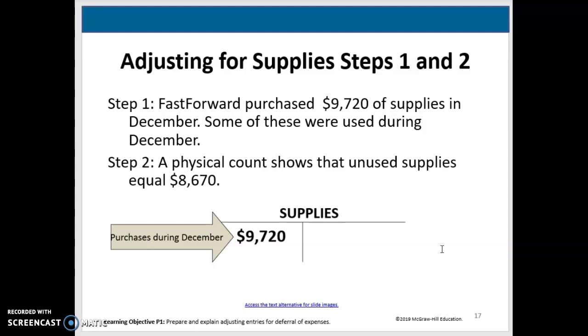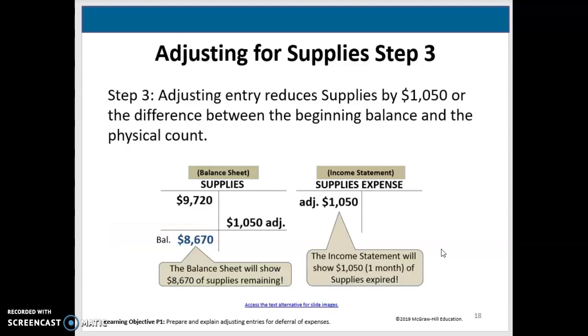We purchased that in December. We had supplies on hand of $9,720. But now we've done a count at the end of the month, and we see that we have some that we've used. So we need to adjust it for that. We're adjusting it for the amount that we've used.